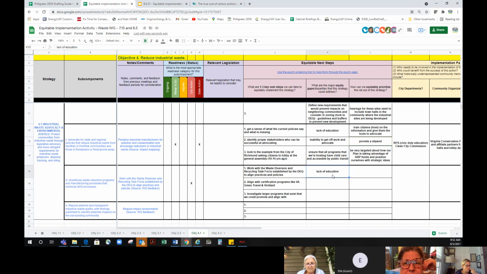I'm interested. Sorry, maybe I'm jumping around all over the place. That's fine. It's a confusing spreadsheet, or not confusing, it's just that there are many things. I'm interested in the penalizing manufacturers for pollution being next to advocating, when I think it should be next to incentivizing waste reduction.